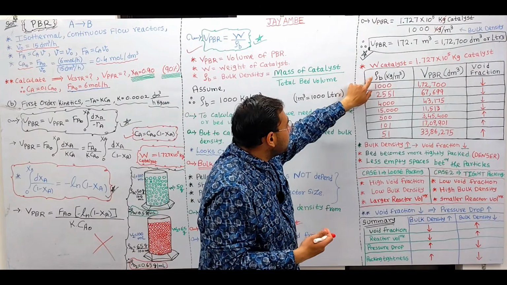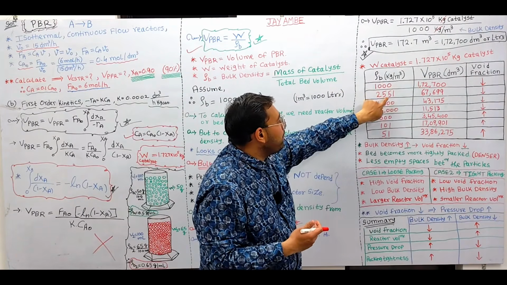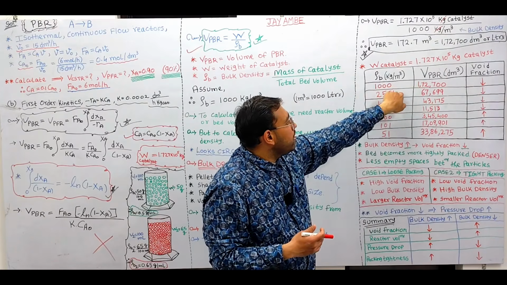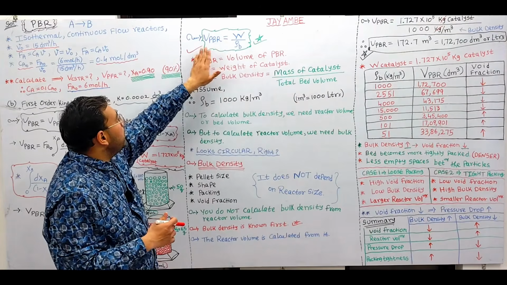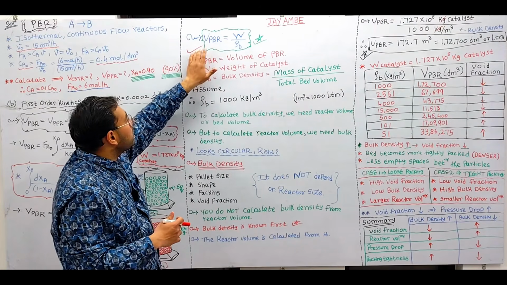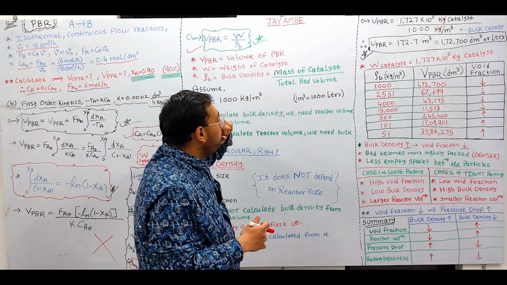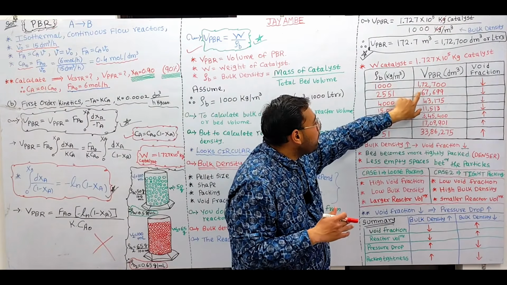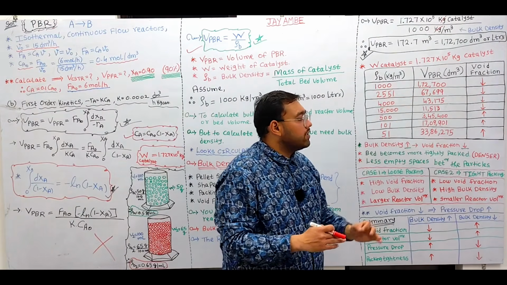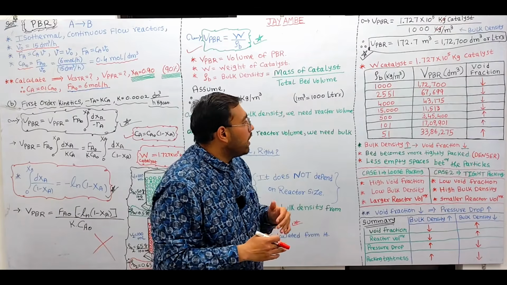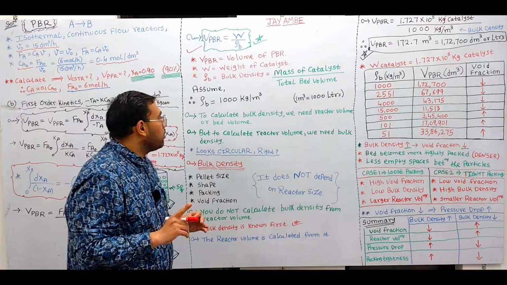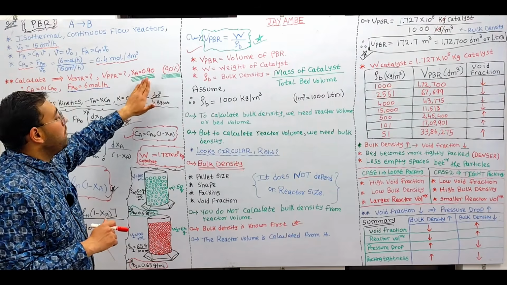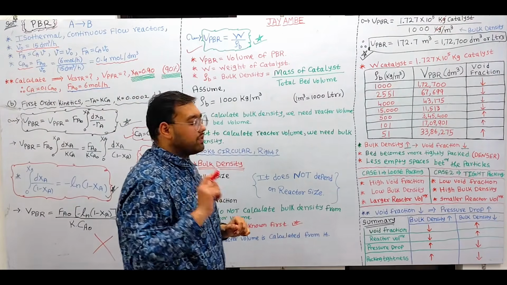By increasing the bulk density from 1000 to 2551, using the same weight of catalyst, and putting both values into the given equation for the volume of the packed bed reactor, we calculated that 67,699 cubic decimeter volume of packed bed reactor is required to achieve the same 90% conversion for the first order reaction kinetics.